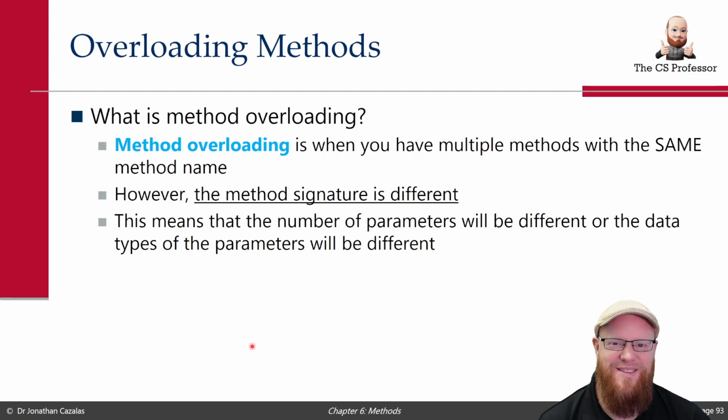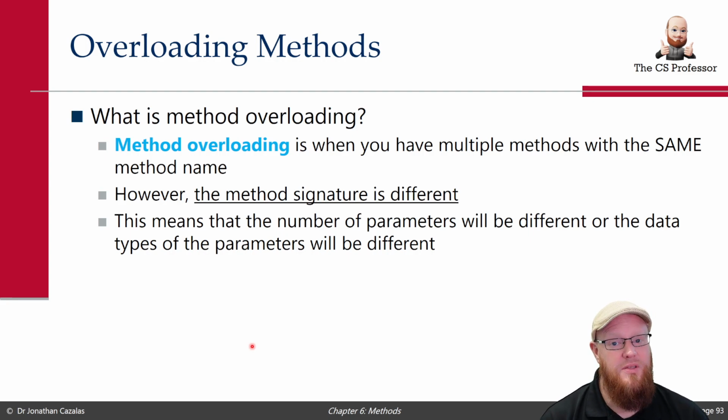But you can't run multiple methods with the same name if the parameters are identical. So if you have the same name and each method has 3 parameters and they're all integers, that wouldn't work. That actually would give you an error. But method overloading is when you have the same name but different signatures.